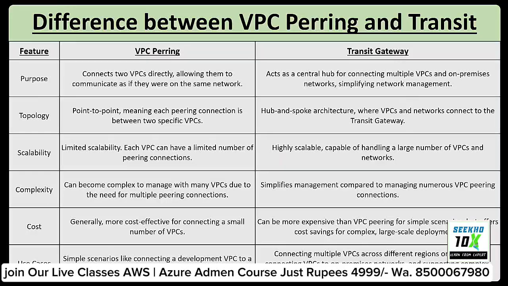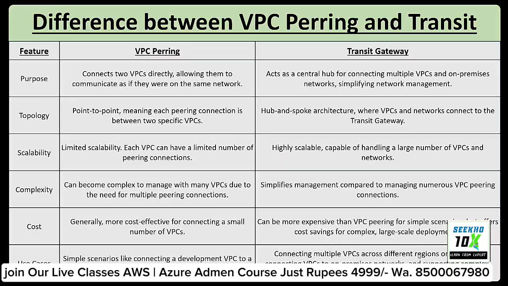Use cases: a simple scenario like connecting a development VPC to a production VPC, or sharing resources between two VPCs. This VPC peering will be sufficient. But for connecting multiple VPCs across different regions or accounts, connecting VPCs to on-prem networks, and supporting complex large-scale network architecture, you need a transit gateway.